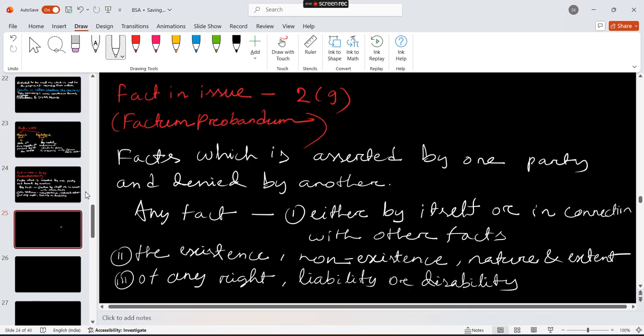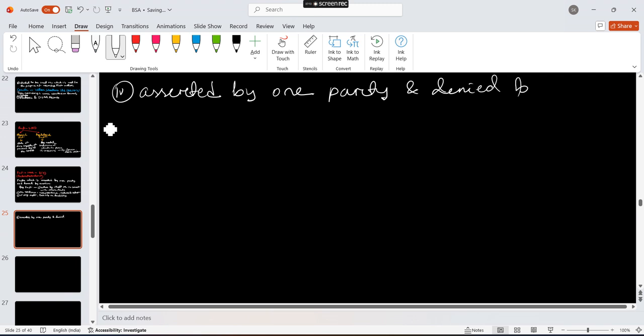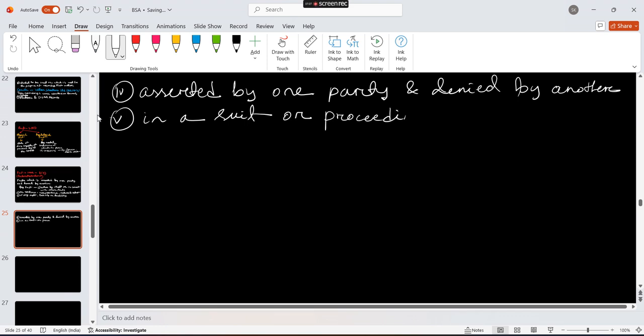Look at the points third and fourth. Okay, so this is the definition of fact in issue.